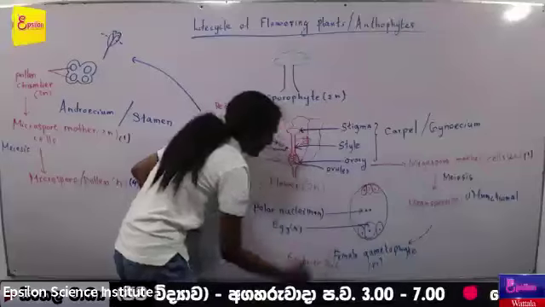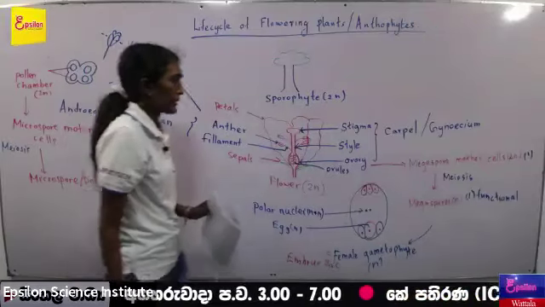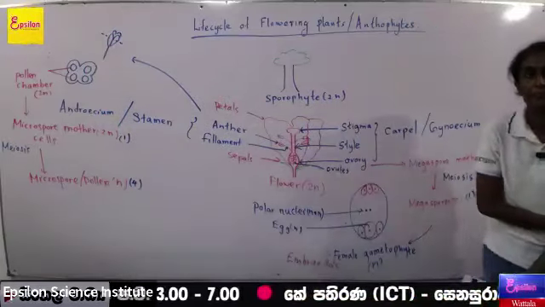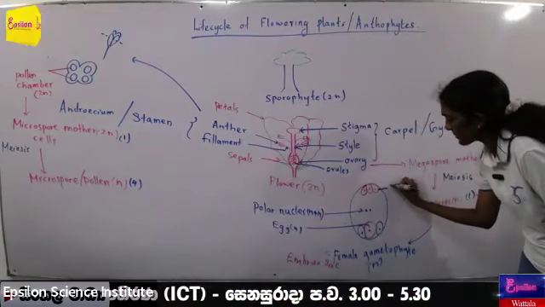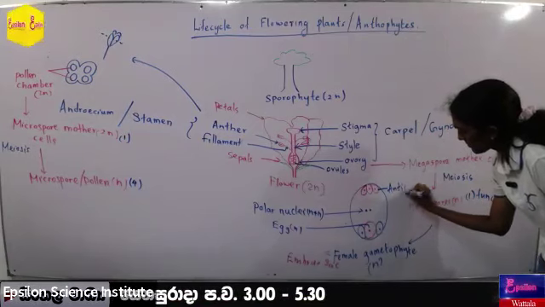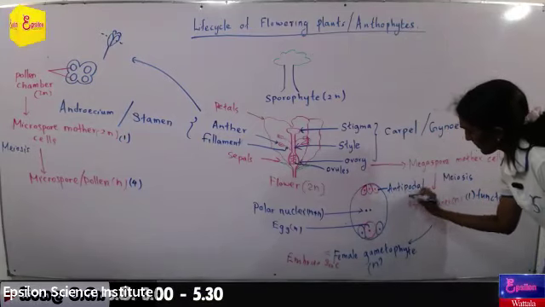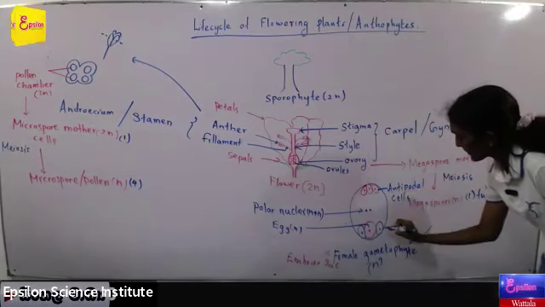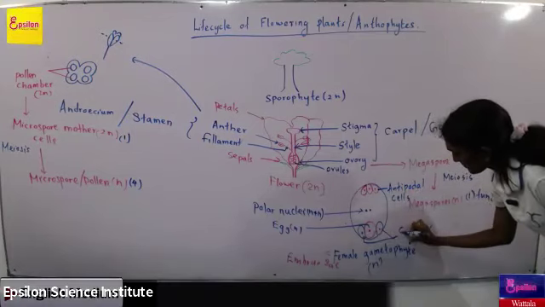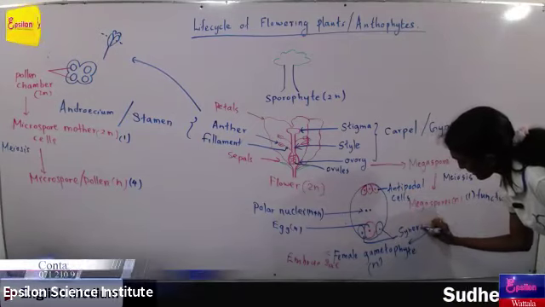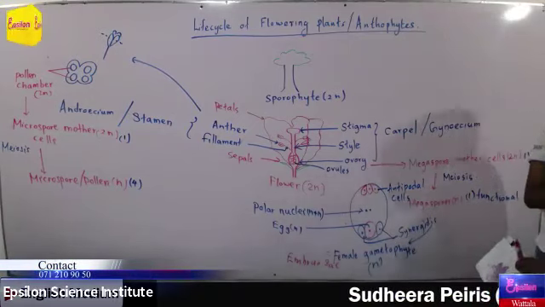There are 2 nuclei. Right. And what are these cells above? Antipodal cells. New names, okay? Then what are these 2? Synergids. Is it clear?